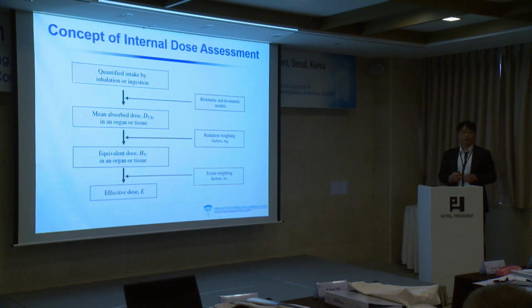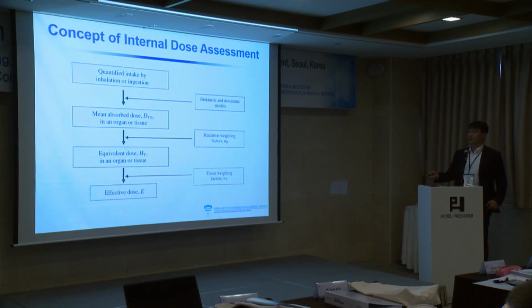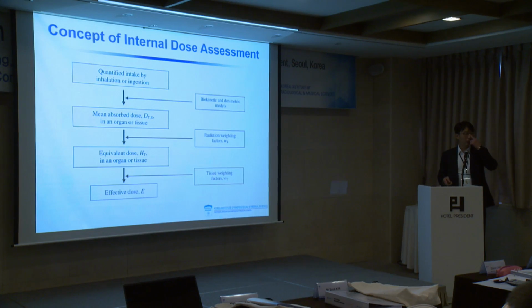And this is the concept of the internal dose assessment provided from the ICRP 130 regarding the occupational intake of radionuclides, OIR report. In this report, they provide the concept of the flow of the internal dosimetry like this. First step is quantification of the intake value by the inhalation or ingestion.